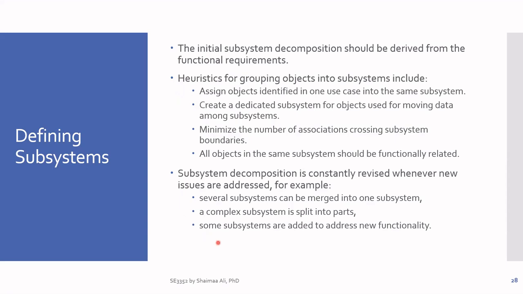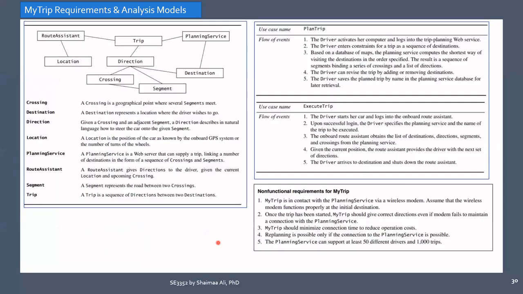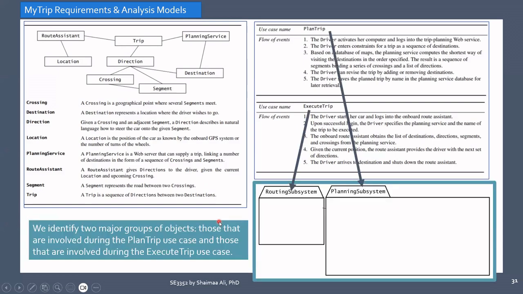Okay, so let's see. Identifying the subsystems of MyChip. These are the design models again. One heuristic is to create one subsystem per use case. This is the initial decomposition. It doesn't have to be perfect. It will never be perfect the first time, so let's start with something.